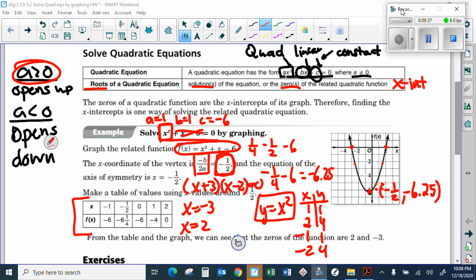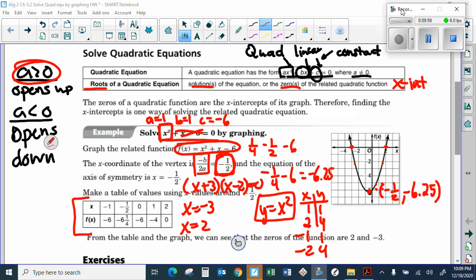Since it says solve by graphing, I could go ahead and do the negative b over 2a to get the vertex of negative 1/2, negative 6.25, and just graph a curve that goes right through there. Solving by graphing is the least nice way, unless you're going to use a graphing calculator.